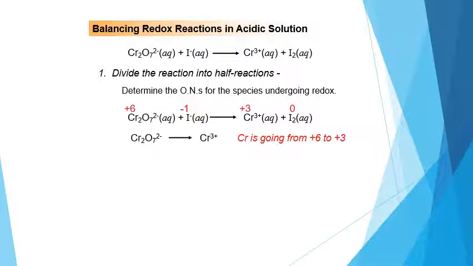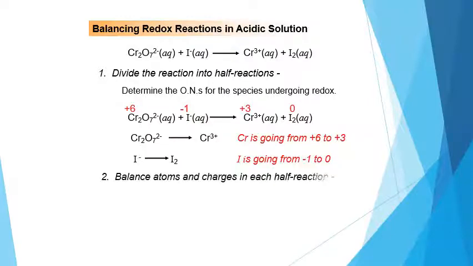Therefore, it is a reduced substance. While on the other hand, the iodine from negative 1 to 0 has an increasing oxidation number. So you already know here who is oxidized and who is reduced. The iodine here is the one being oxidized, while the chromium is the one being reduced.